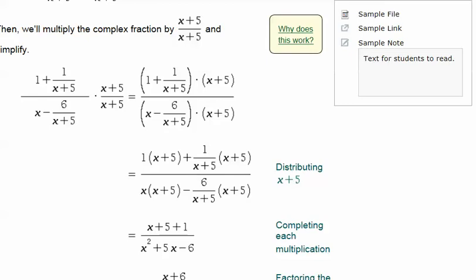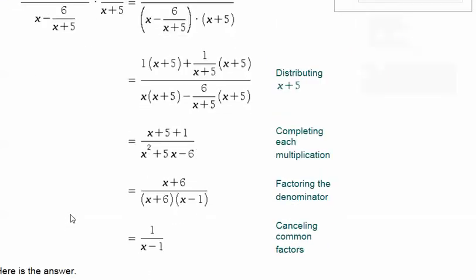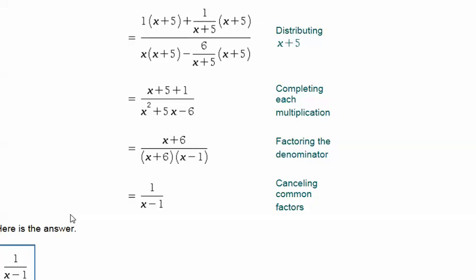So now what we want to do is factor as much as possible to see if there's anything that can cancel. So on the bottom, we can factor that to be x plus 6 times x minus 1 if we factor the denominator. The top, we can't factor, but we can collect up all the like terms because 5 plus 1 is 6, which you see written there.